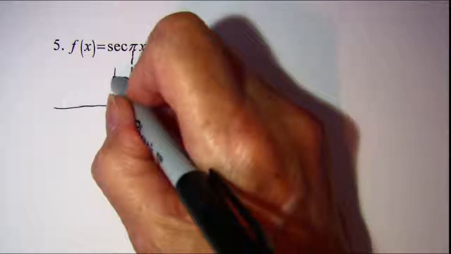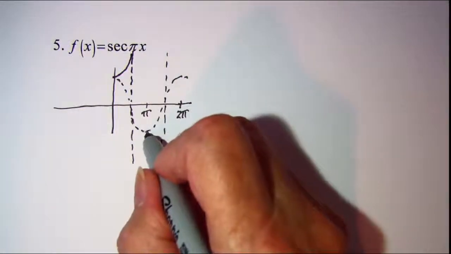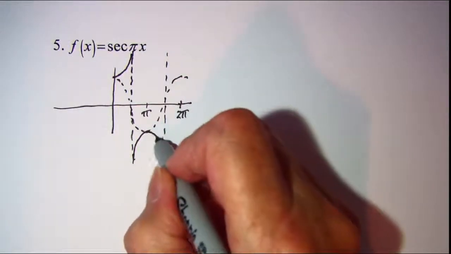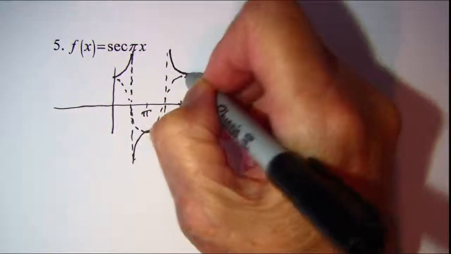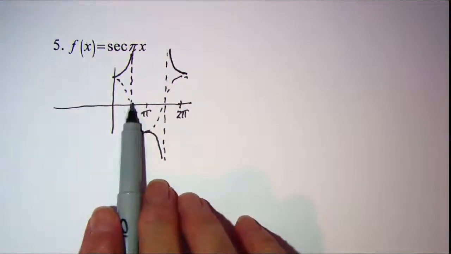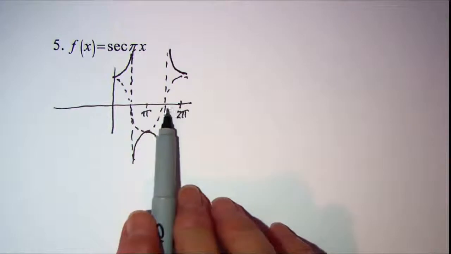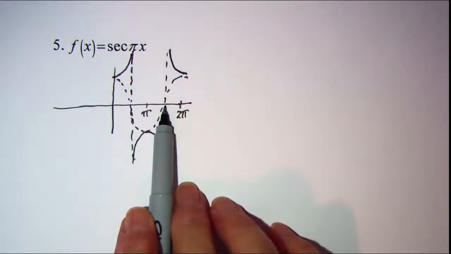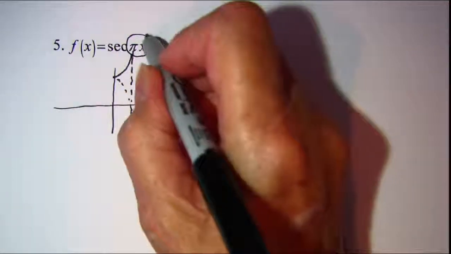So my secant graph, now not this graph, this is just the standard secant graph. So I would have asymptotes on the standard secant graph at pi over 2 and at 3 pi over 2. But for this one, I need to basically look at this argument.